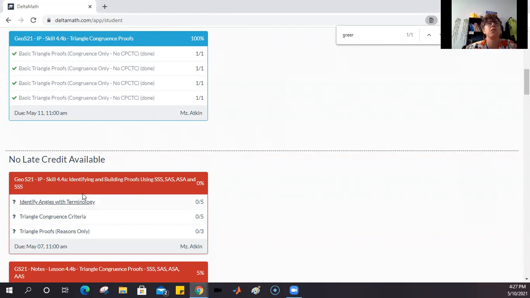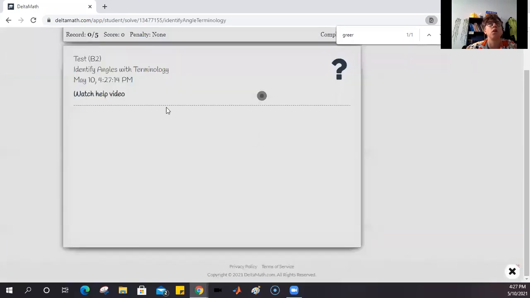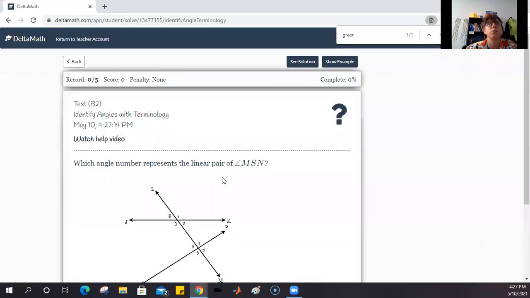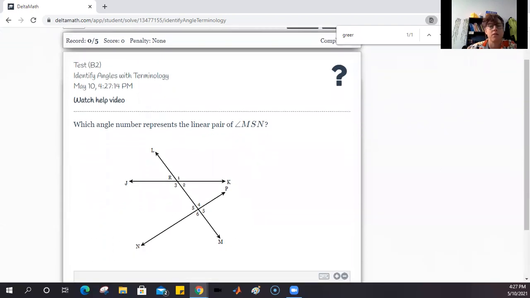Identifying angles with terminology, section 1 says which angle number represents the linear pair of angle MSN. There's SN, angle MSN. Angle MSN is angle 6.